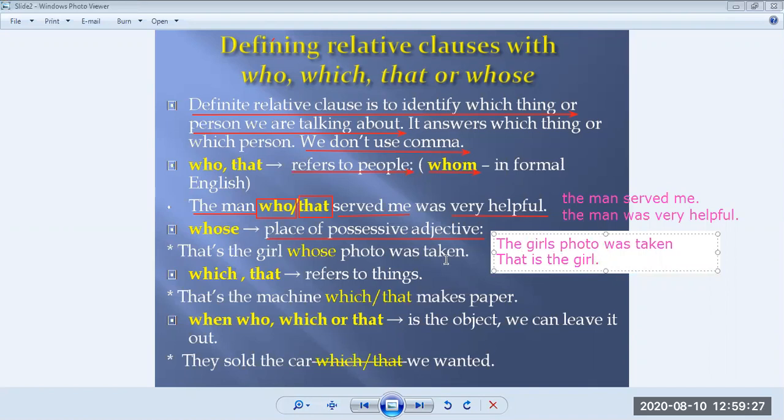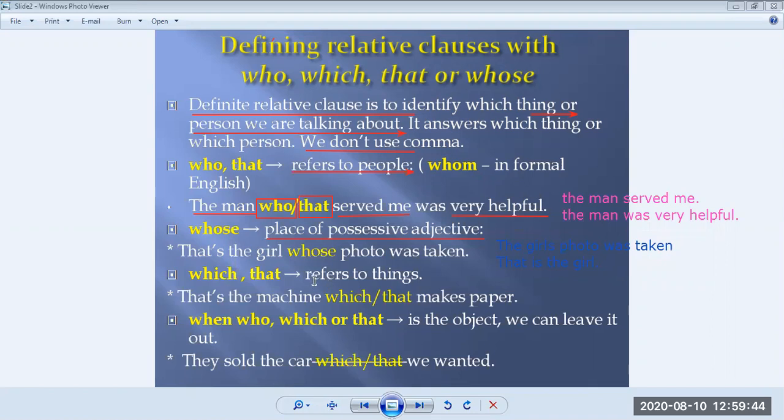Those two ideas are joined together. We use whose. Why? Because the girl's here is a possessive word. That's why we use whose.